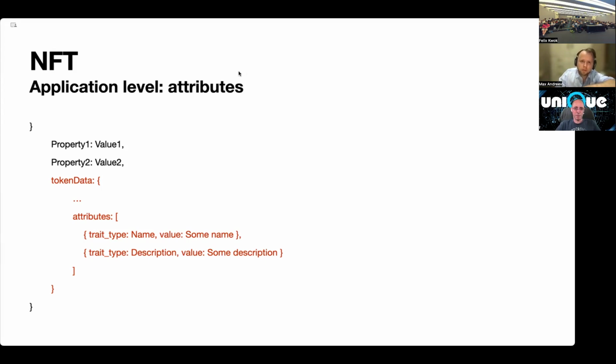It should have a trait type that is, again, whatever you want. It could be name, description, age, nickname, whatever you want, and the value of this attribute. Again, this is arbitrary. It is up to you what to store in these attributes.